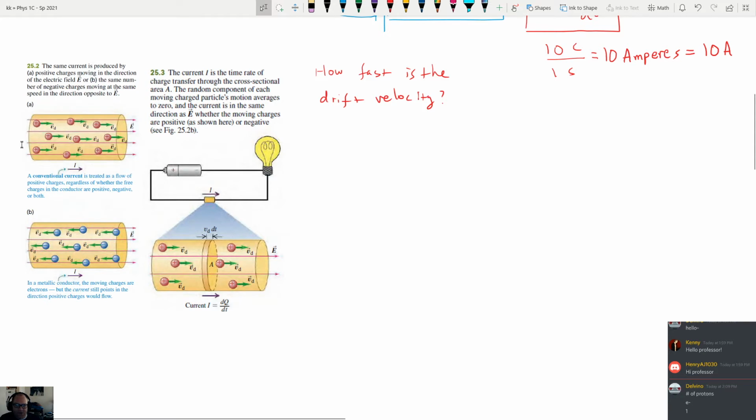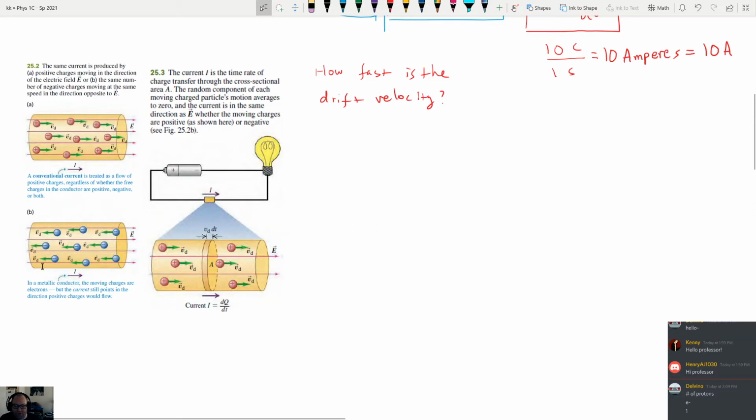So in the top picture right here, we have what's called conventional current. All right? And it's treated as the flow of positive charges regardless of whether the free charges in the conductor are positive, negative, or both. So it is possible that the free charges in the conductor could be positive. Usually the free charges are negative, okay?